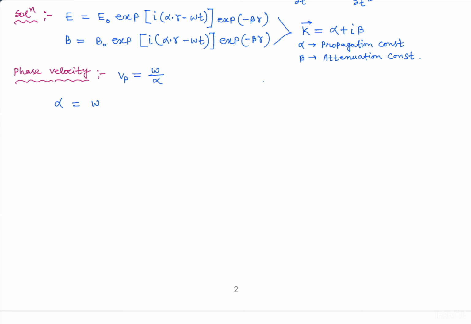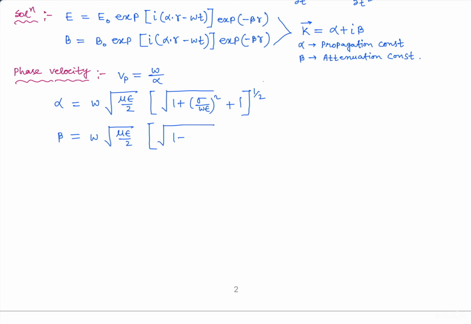Alpha will be omega into root over mu epsilon by 2 into root over (1 plus (sigma by omega epsilon) the whole square) plus 1, to the power half, and beta will be omega root over of mu epsilon by 2 into (1 plus (sigma by omega epsilon) the whole square minus 1) to the power half.